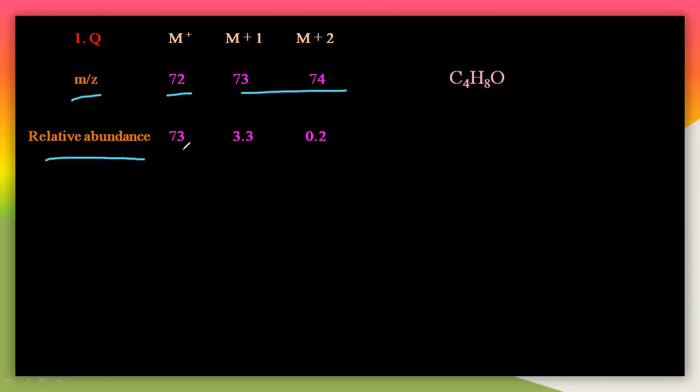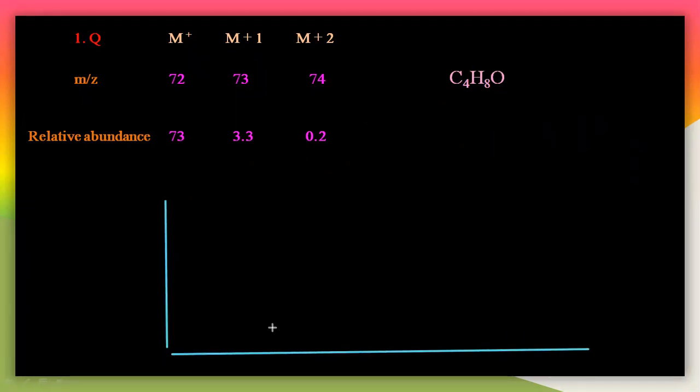And their relative abundances are 73, 3.3, and 0.3. If you draw the spectrum for that, so at 72, this is 73, this is 74. Let us understand and draw them like this.